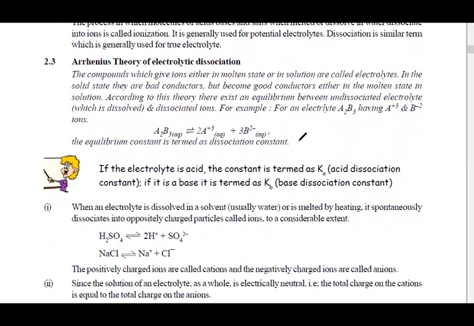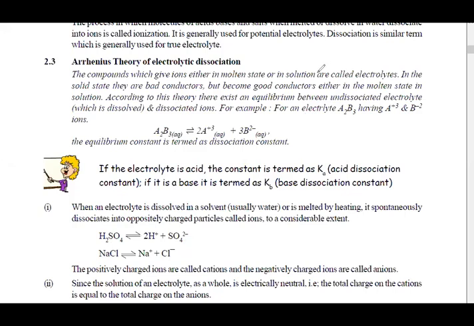And any substance which releases OH minus is your base. Any substance which releases H plus is your acid, and any substance which releases OH minus is your base. Okay, now that's one thing.